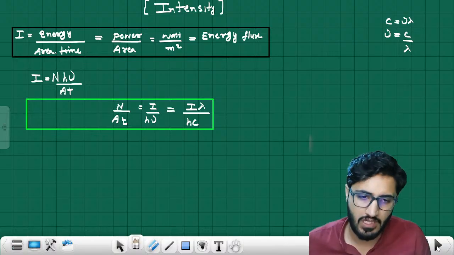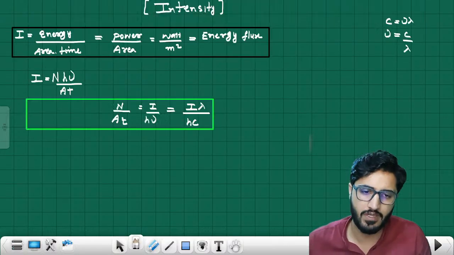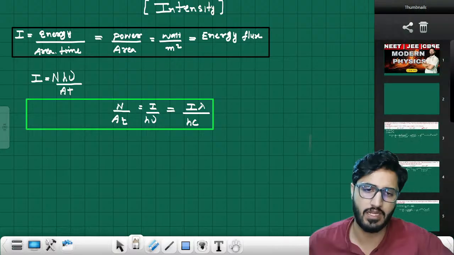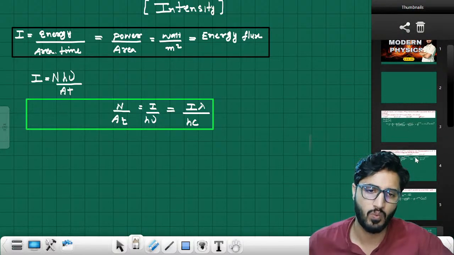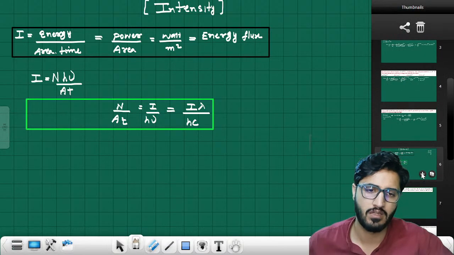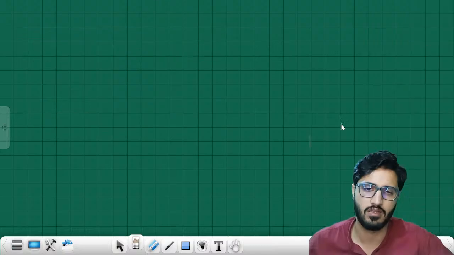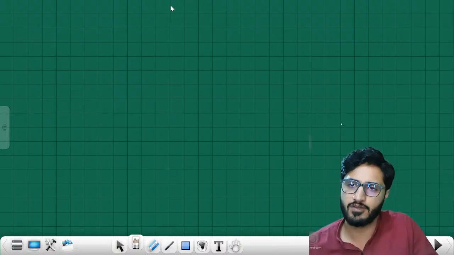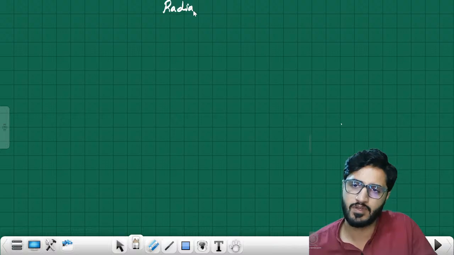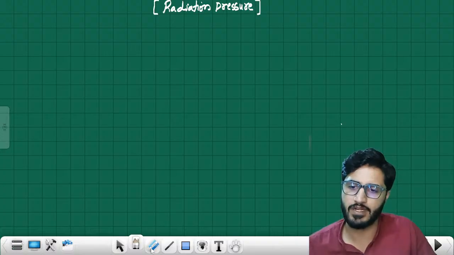Now, the second topic that you need to write is radiation pressure. Radiation pressure means whenever light falls on some particular thing, there is a change in momentum, and that change in momentum causes a pressure.